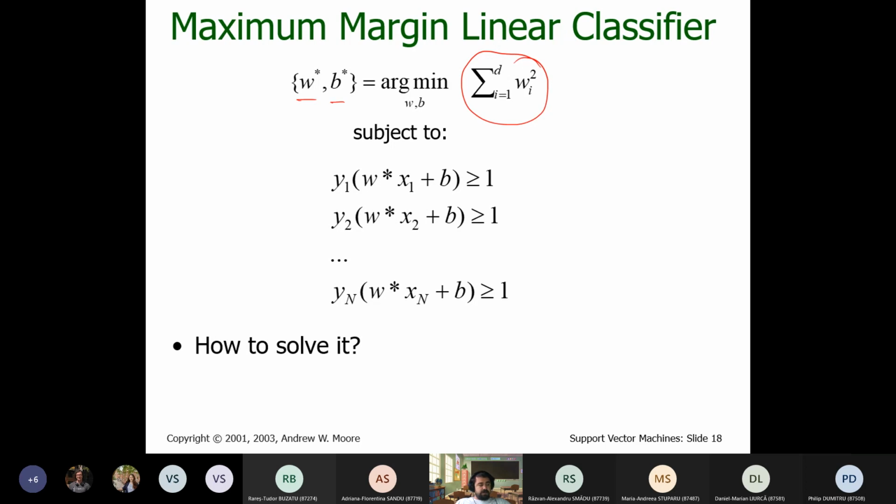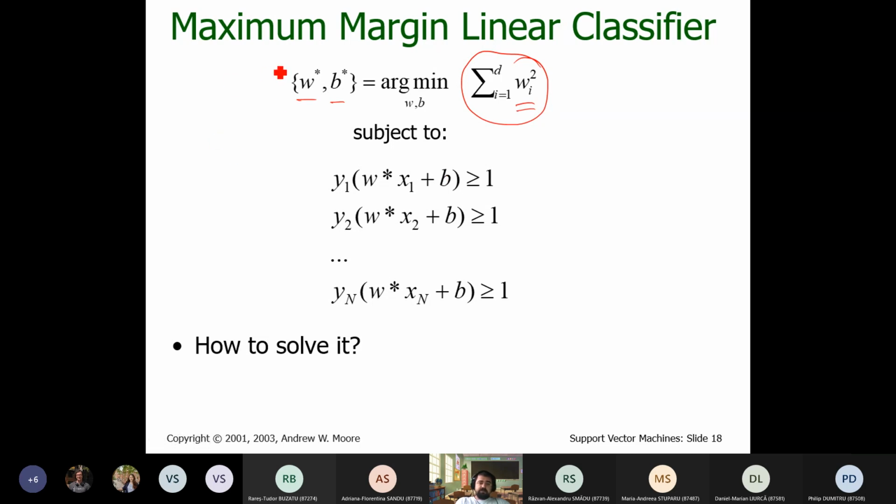This is somehow similar to what we did in curve fitting when we applied regularization. We wanted to have the norm of w as small as possible, but at the same time to have all the points correctly classified.